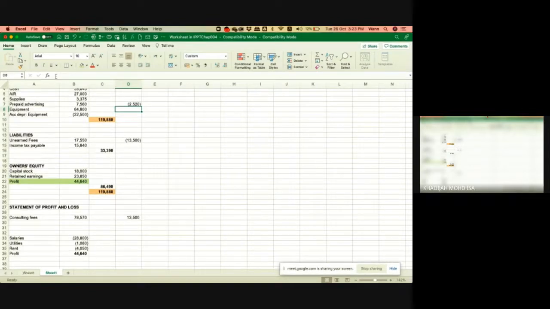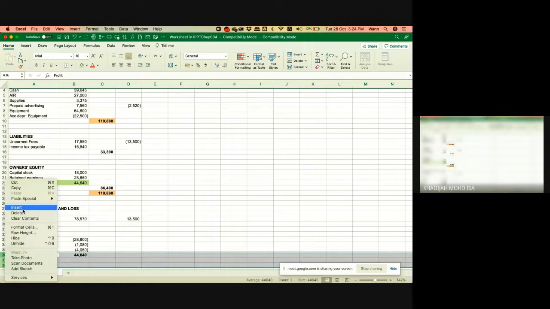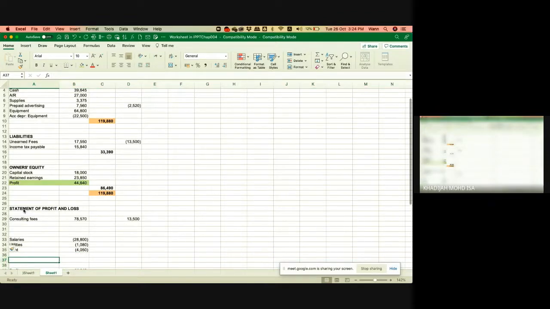So 7,560 divided by 3, so monthly 2,520. Right, 2,520, which is the amount that you are going to expense during the month. So now you have additional advertising. Okay. Insert. I have advertising, which amount is 2,520. Okay. This adjustment I put in a separate column.